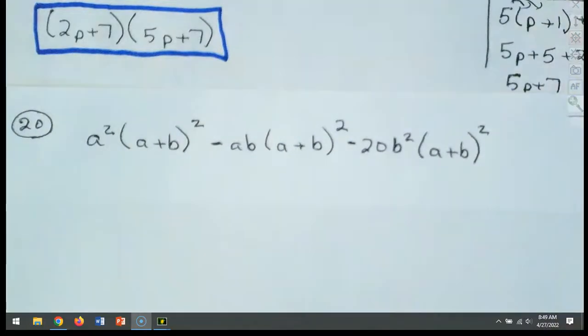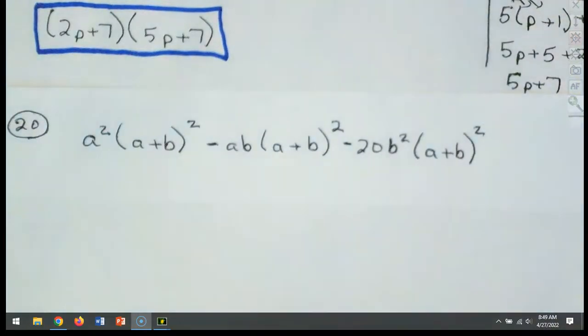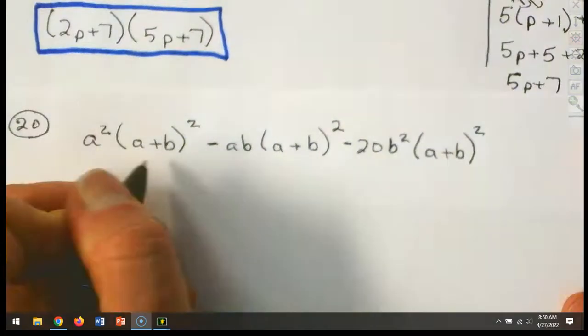And it's easy to look at a question like 20 and think, this is going to be a really difficult question. And it's really not. Because the very first thing that we do before we start making the box and putting things together is we look at all the terms together and we see what they have, if anything, that's in common.